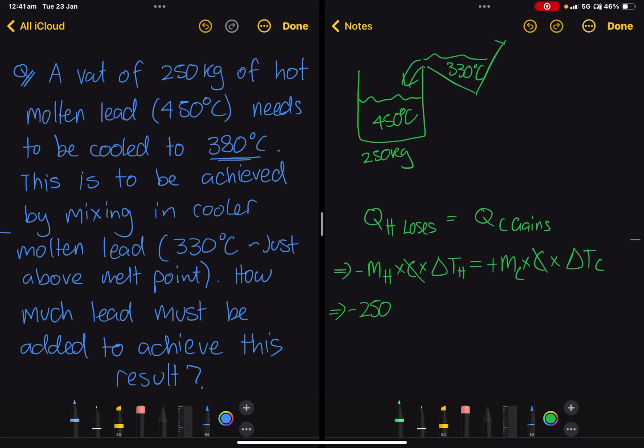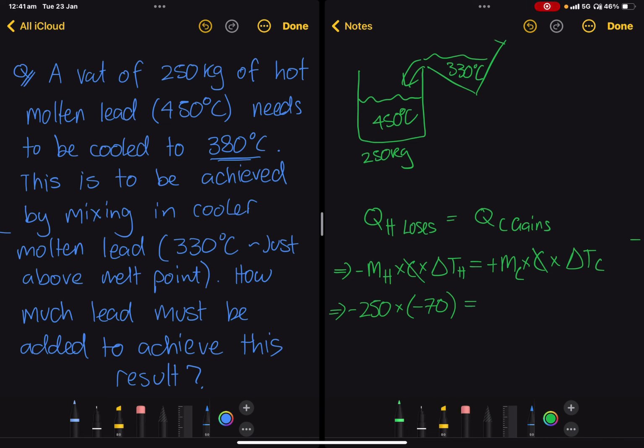This is how much the hot temperature is going to change. So this is actually going to decrease, right? We're going to have the temperature going from 450 down to 380. So this will be times minus 70 because the temperature is decreasing.